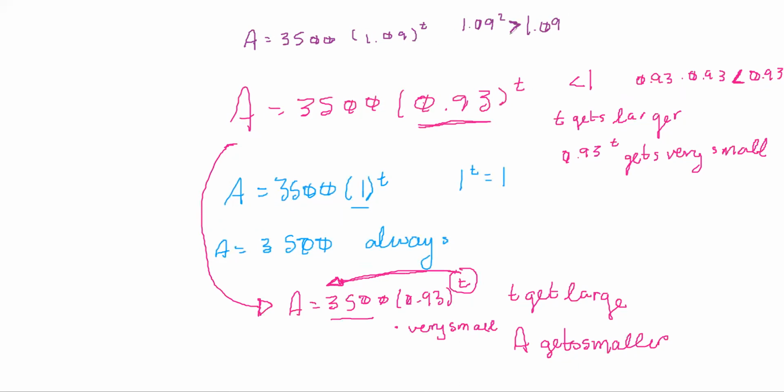So as T increases, or T gets larger, what's going to happen to this chunk? Well, this chunk is going to get very large. And so A is going to get very large.